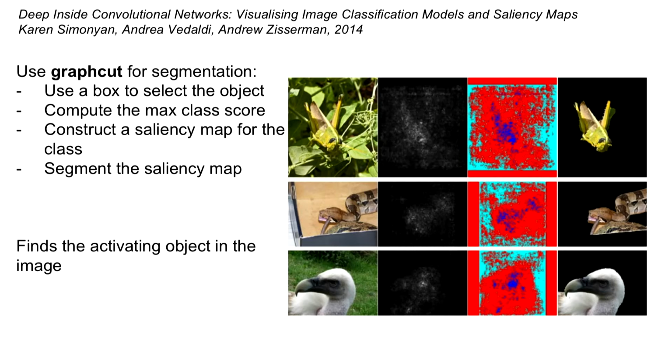And so doing that produces this image here where the pixels exactly under the grasshopper get identified as figure pixels, and pixels in the background get identified as background pixels. And it successfully pulls out the grasshopper and the snake and the bird.